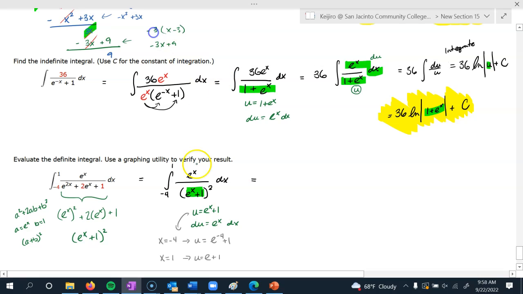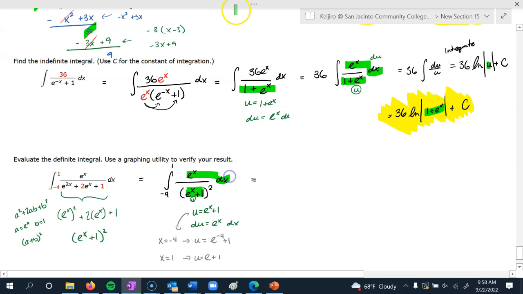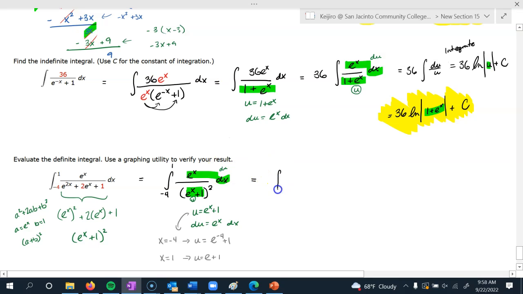Okay, so if e to the x plus 1 is u, and then this up here is exactly du. Okay, so we can rewrite this. We can write this as the integral from, and I'm just going to use my bounds for u now, e to the negative 4 plus 1 up to u equals e plus 1, du over u squared.